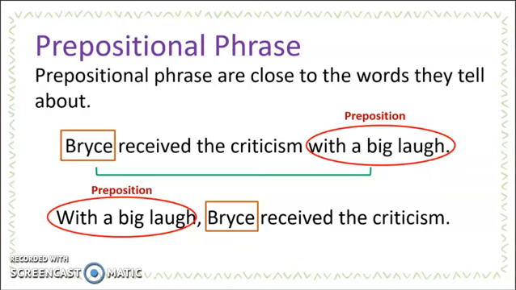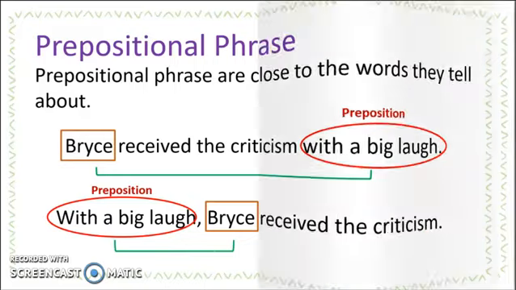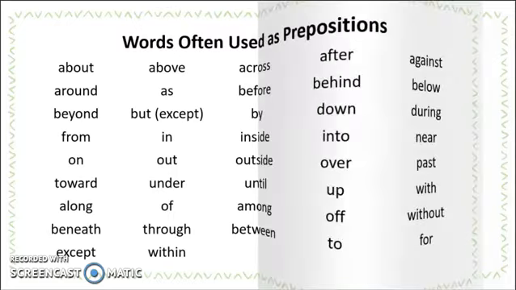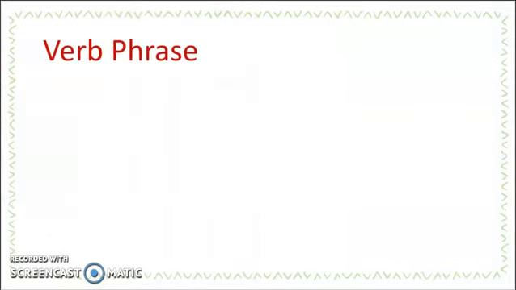So that's the rule and definition of prepositional phrase. Now I have here the words that are often used as prepositions. You can pause this and take a copy if you want to, or familiarize yourself with prepositions.